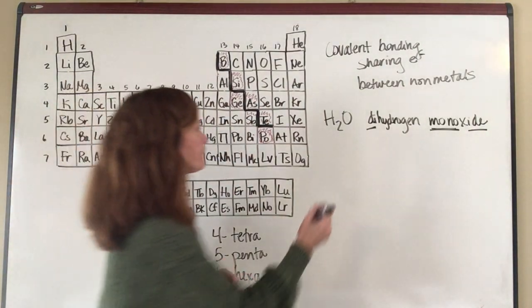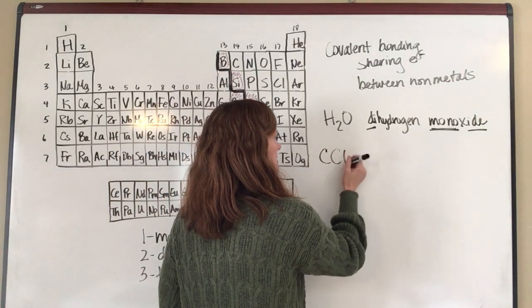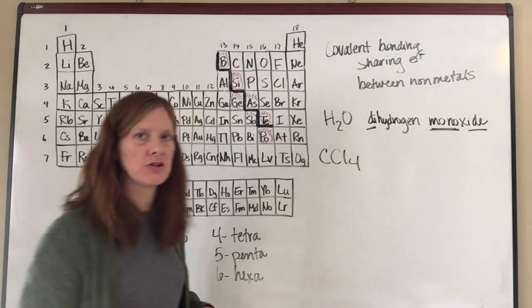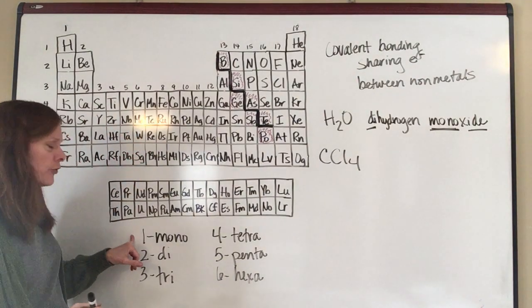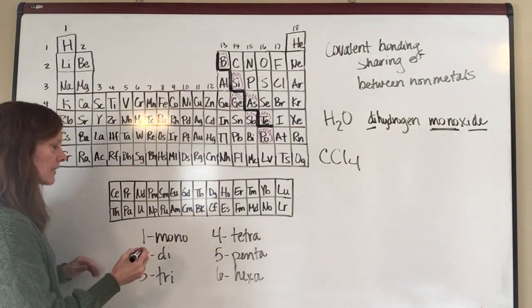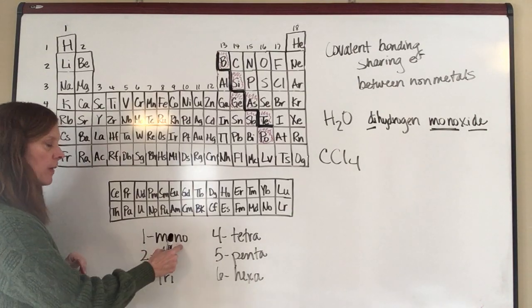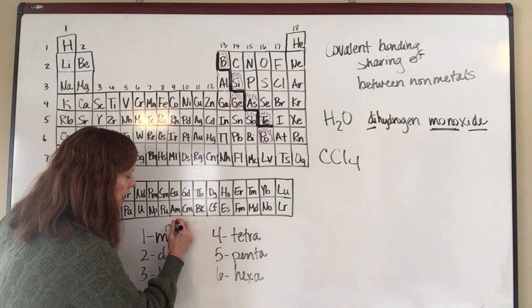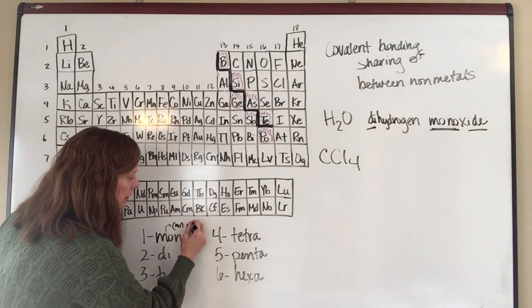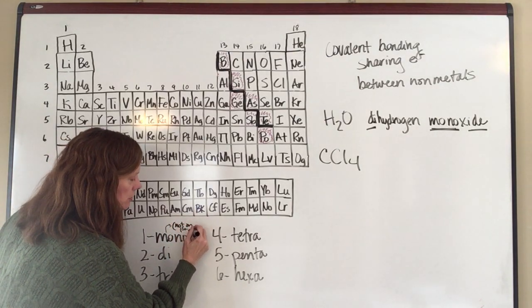Let's do another one. Let's say that we have CCl4. I just drew a picture of that one, okay? Now, for mono, I don't have to use mono at the beginning. So I'm actually going to stick a little note on here. Mono, not on first element.